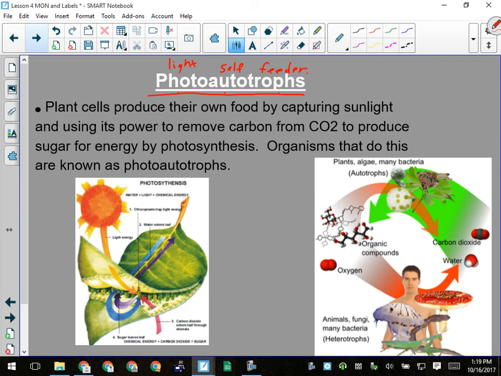They can produce their own food by capturing sunlight and using its power to remove carbon from carbon dioxide, as well as oxygen and hydrogen getting separated from water in that process, and then it puts them back together in a different order, which releases oxygen for us to breathe and produces sugar for the plant to use as fuel.